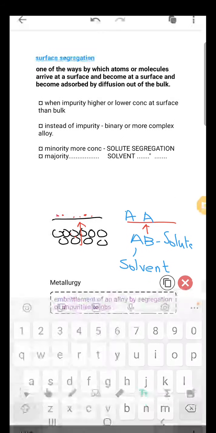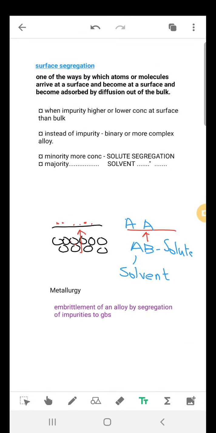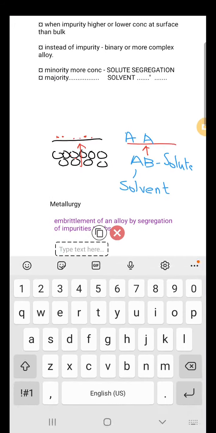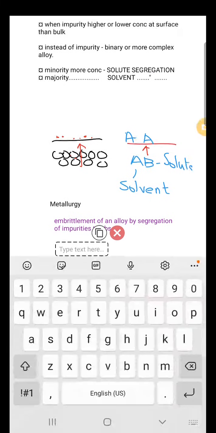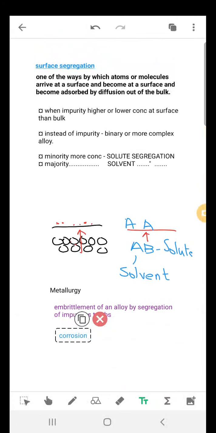This is one example. And the second example is corrosion, which also gets highly affected due to surface segregation.